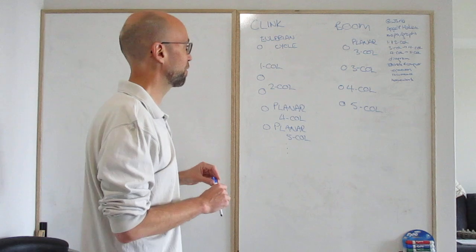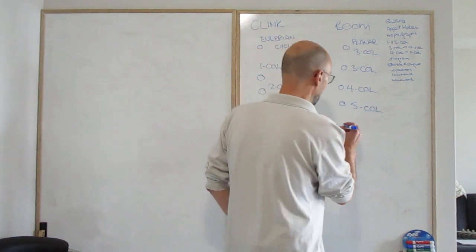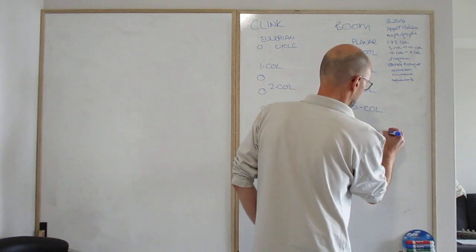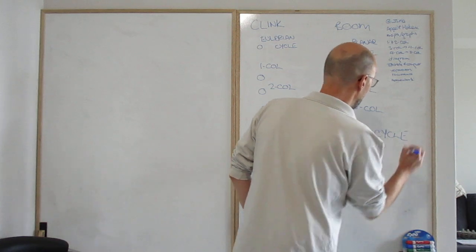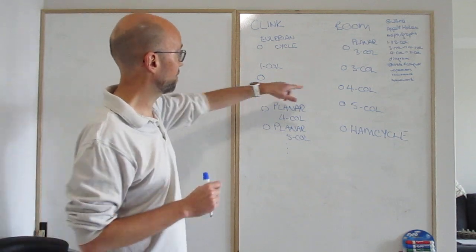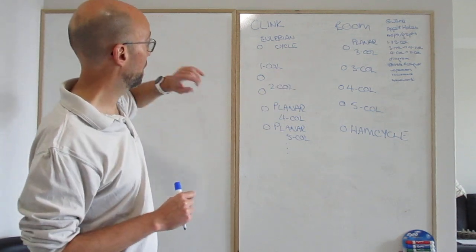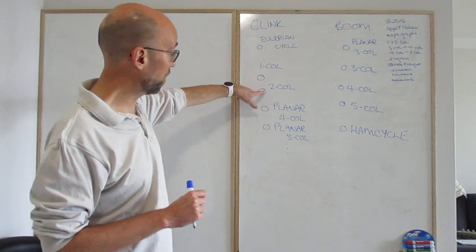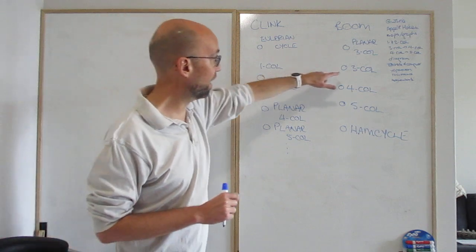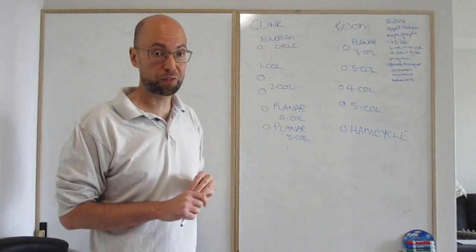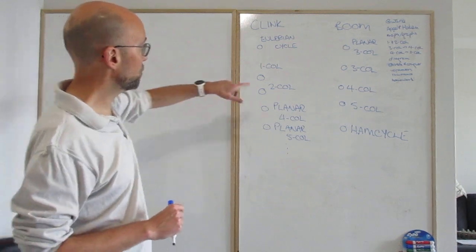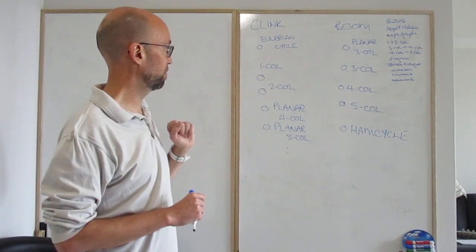That's nice and non-threatening. Now, also, what we have is a Hamiltonian cycle. Now, the cool thing is, if you wanted to, if you had a magic box that solved 3 colorability, you could use it to solve 2-colorability, right?